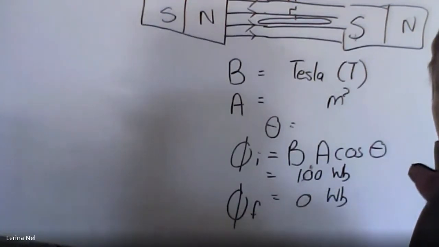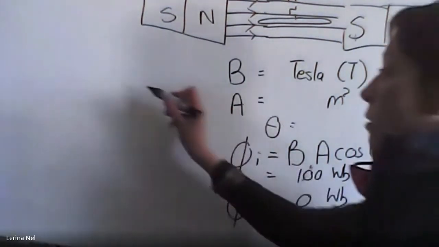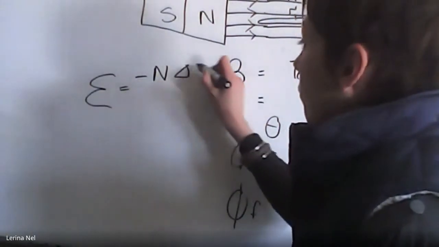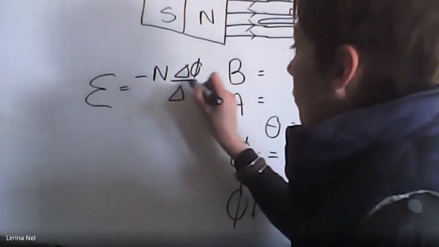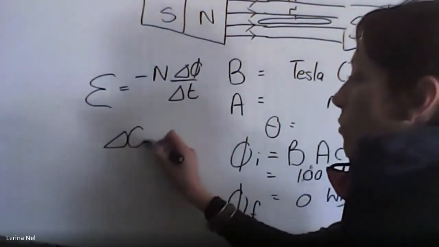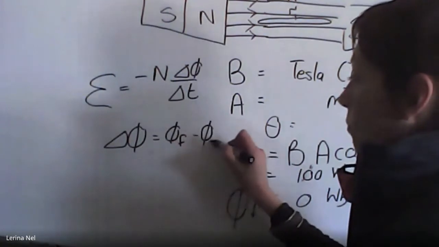Okay. So when we go back to Faraday's law, changing flux is to be used. What is changing flux? It's final minus initial.